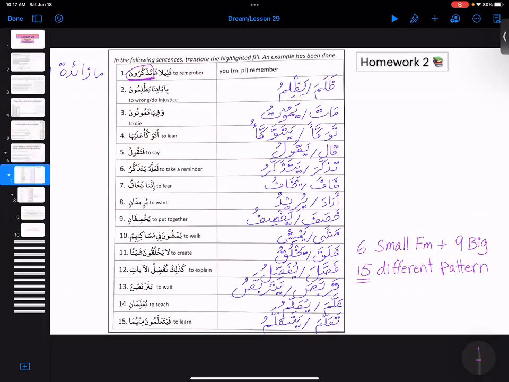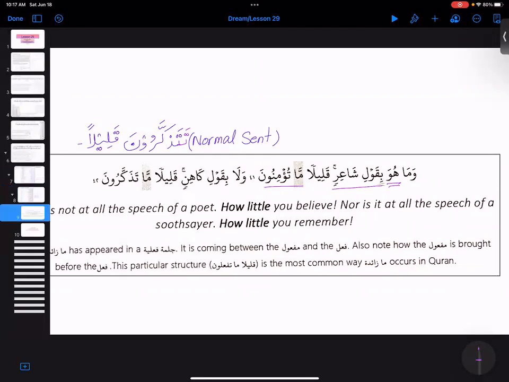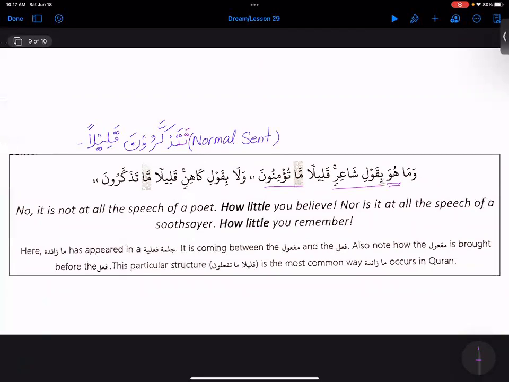It says qalilan ma tadhakkarun. This ma is very special and it is used in the Quran a lot. It says qalilan ma tu'minun, qalilan ma tashkurun. Allah subhanahu wa ta'ala complains how little they do shukr, you all do shukr.